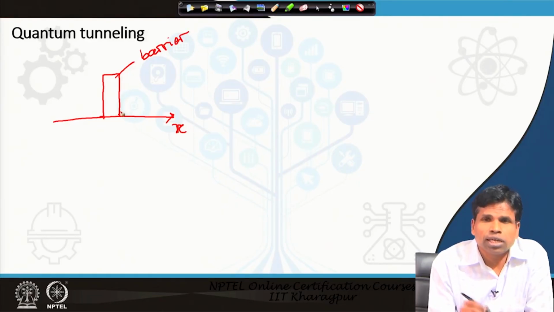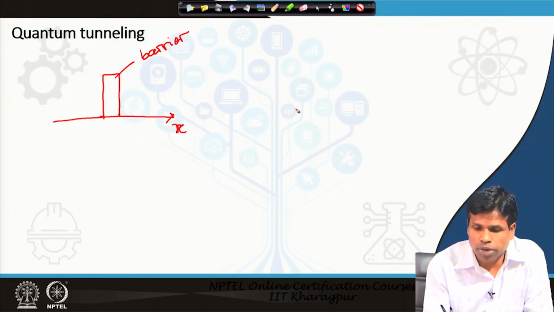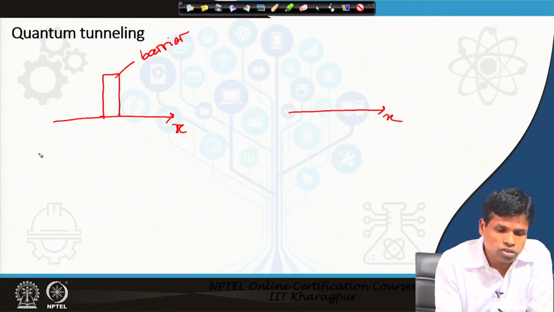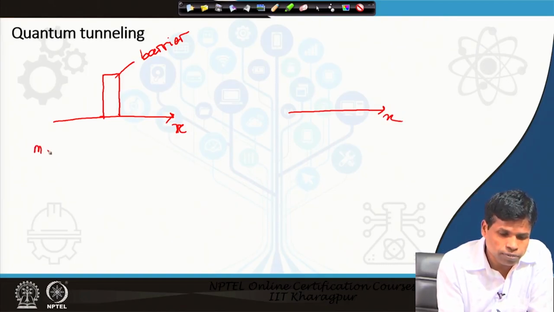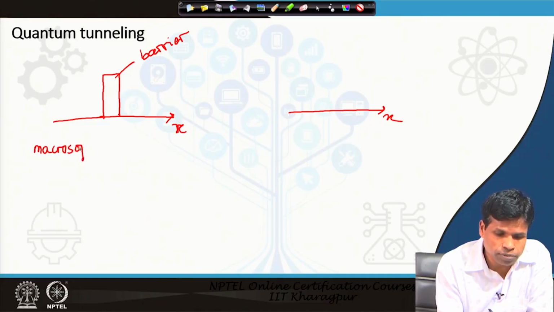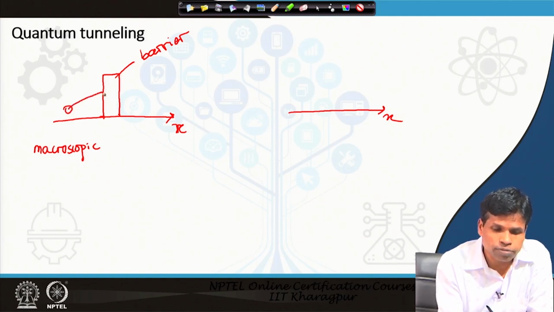there is another world called the macroscopic world. In a macroscopic world, where particle sizes are quite big, if a particle has to cross this energy barrier, it must have enough energy, then only the particle can cross.